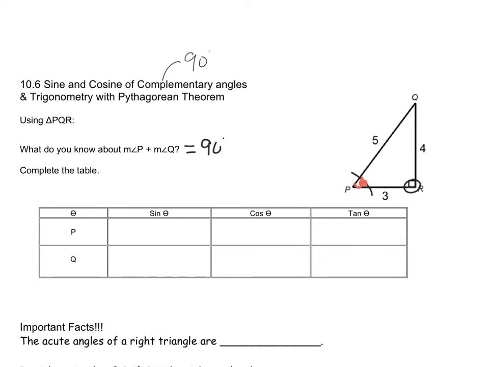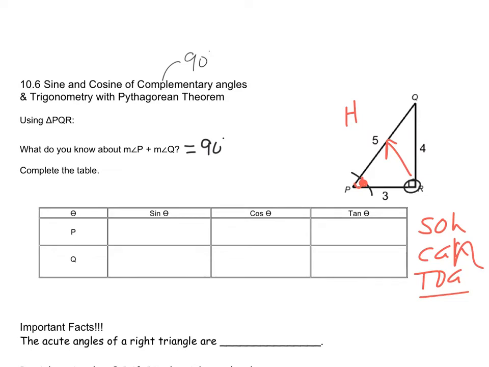Remember, this is just SOHCAHTOA. Sine is opposite over hypotenuse. Cosine is adjacent over hypotenuse. And tangent is opposite over adjacent. The first thing we do is we always label our hypotenuse, which is across from our right angle. So in this case, the 5 is my hypotenuse.